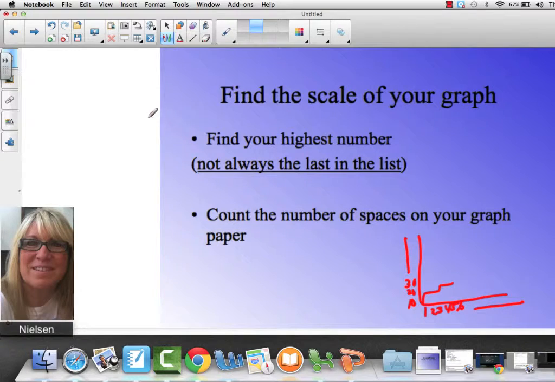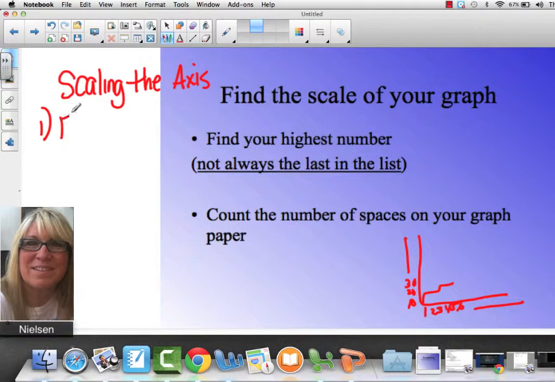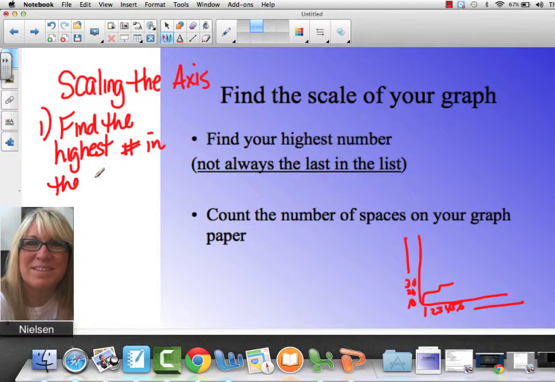So you already wrote down independent on the x-axis, it's what the experimenter changes, dependent on the y-axis. Now I want you to write down scaling the axis. And these are what you do. Find the highest number in the data set.